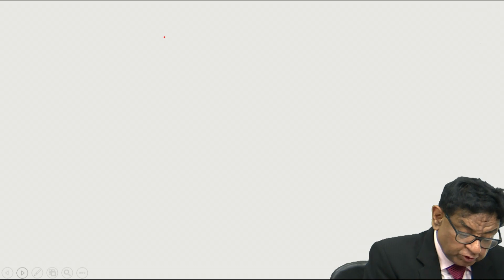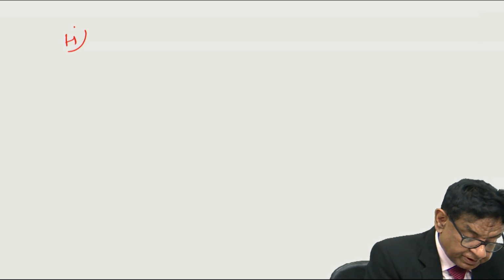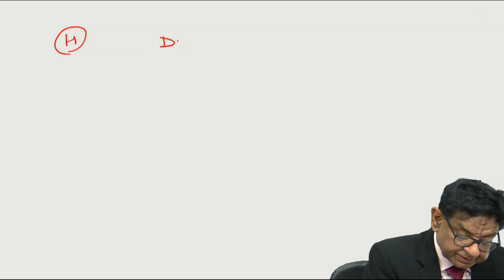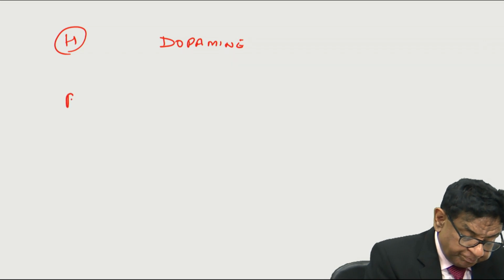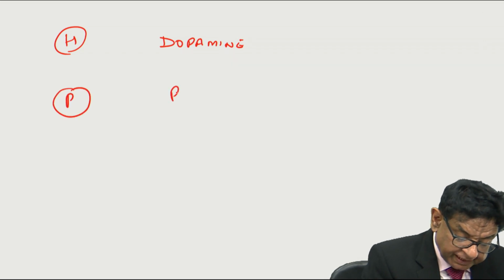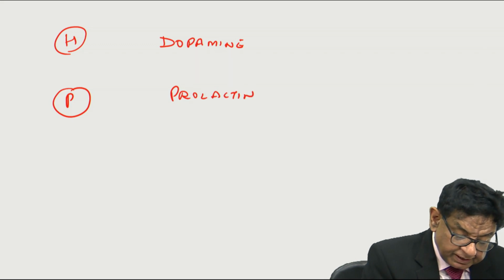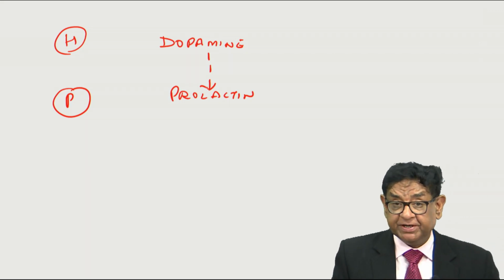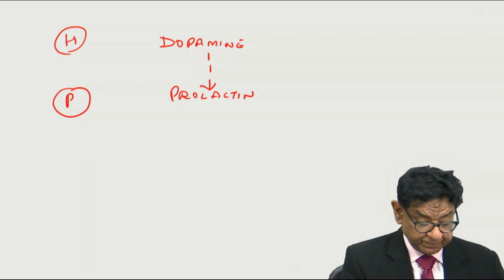Well, in the hypothalamus, we have dopamine. In the pituitary gland, we have prolactin. And this prolactin is under inhibitory control of dopamine.